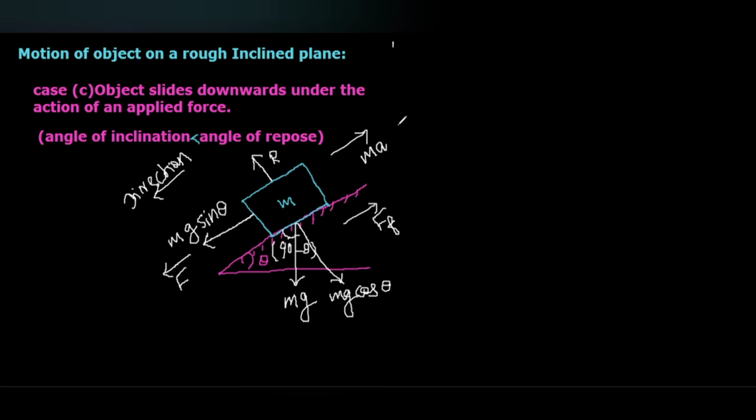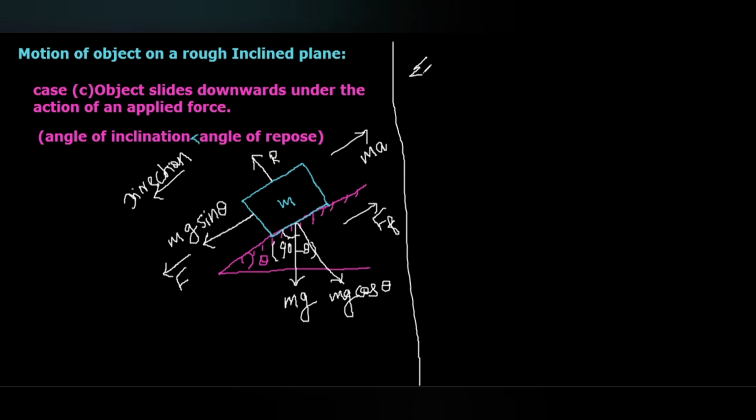Okay. Then we are going to analyze. First, summation of the vertical forces equals 0. We know that the upward force R equals mg cos theta.